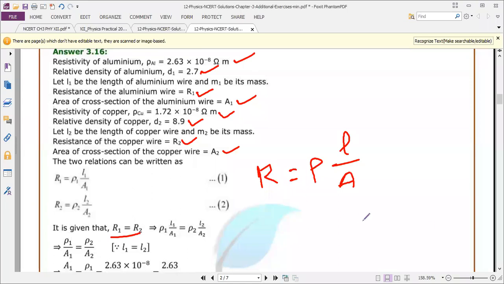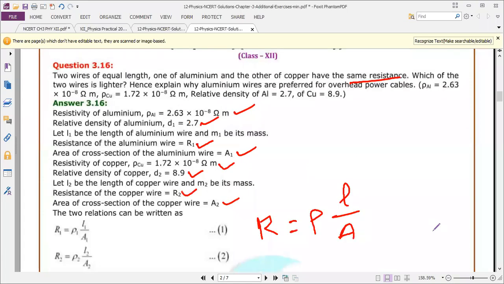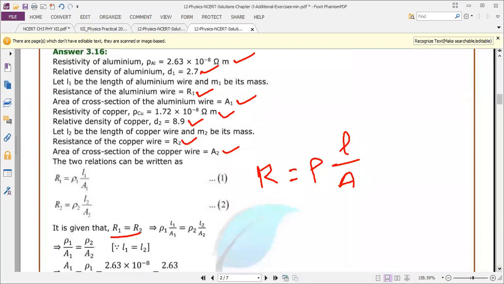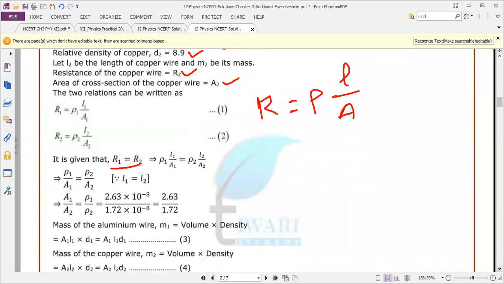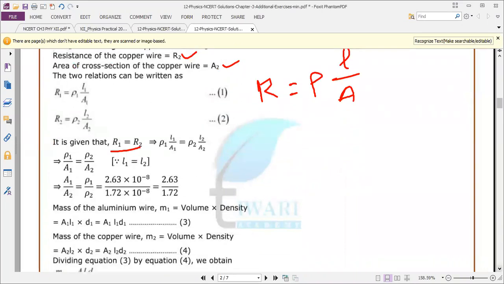Next, the length is also equal, so L1, L2 value also equal.